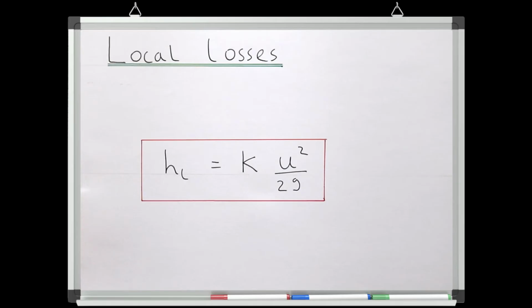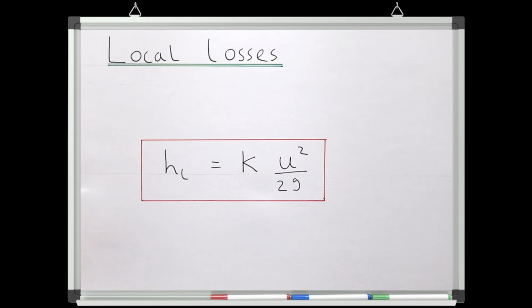We can predict local losses with the following equation, where our local losses are equal to a local loss coefficient K times U squared over 2G. So our total loss in pressure head for a local loss is equal to the local loss coefficient times the velocity head of the system.